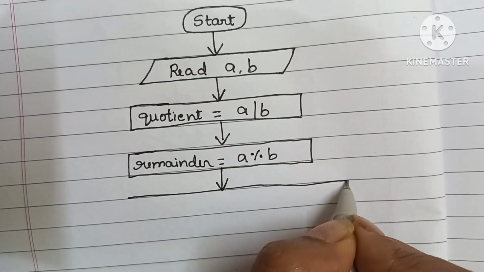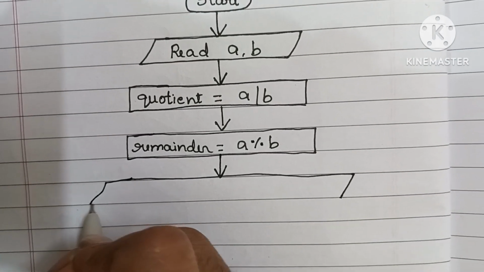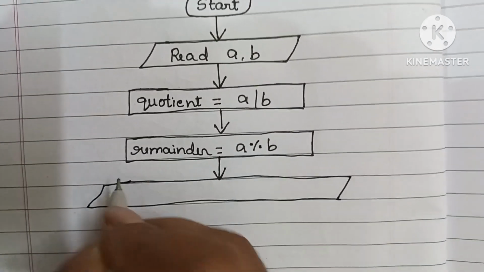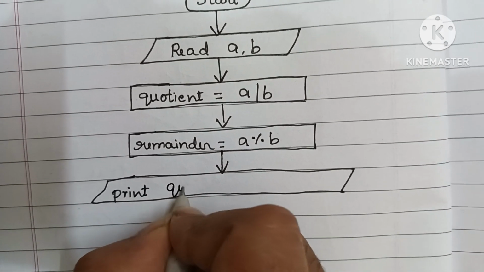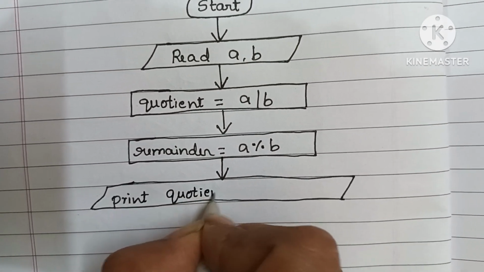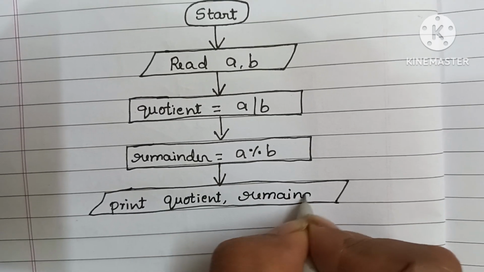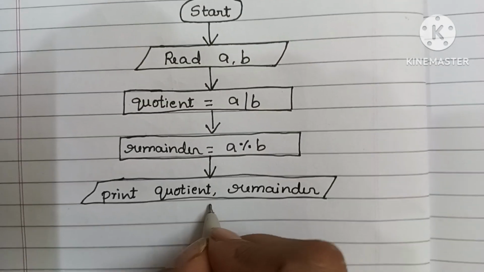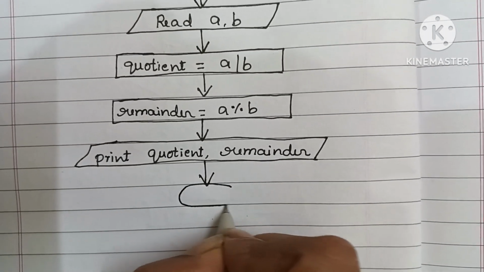Output values are always written within a parallelogram shape. Within the parallelogram shape we print quotient and remainder. Next, we have to stop the flowchart using a stop statement.